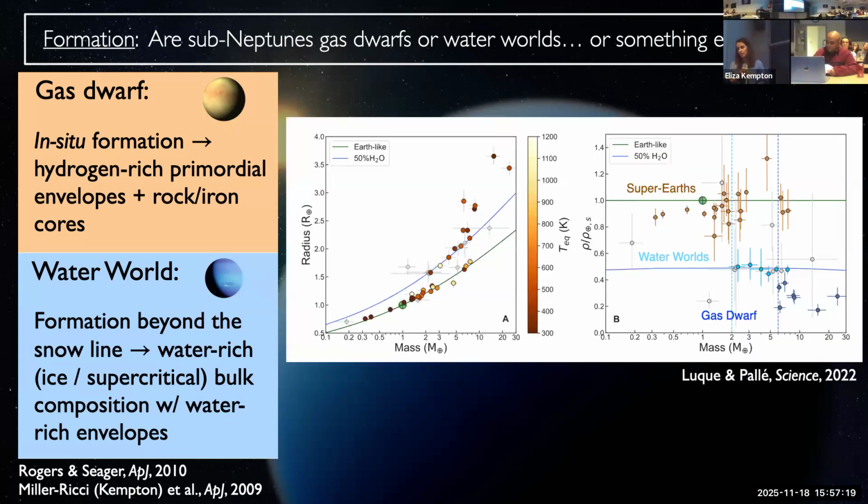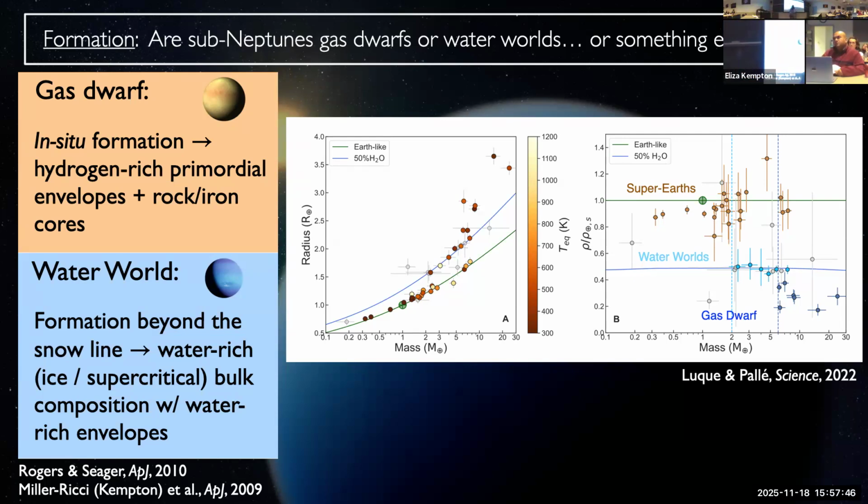And there might be some evidence that both families exist. So this is an interesting result from a Science paper from a few years ago now, looking at a set of low mass planets orbiting M-dwarf stars. And the authors are making an argument that there are two populations of sub-Neptunes, a set that is consistent with being so-called water worlds.